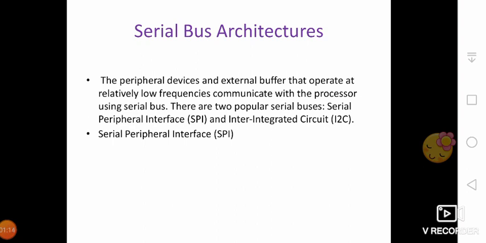SPI is a synchronous serial communication interface specification used for short distance communication, primarily in embedded systems. The interface was developed by Motorola in the mid 1980s and has become a de facto standard.